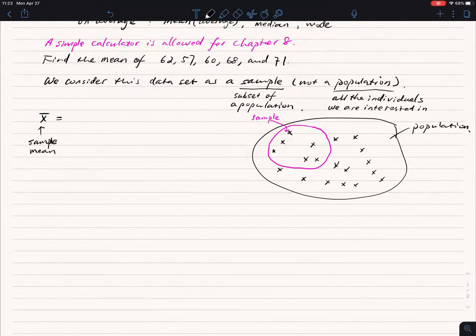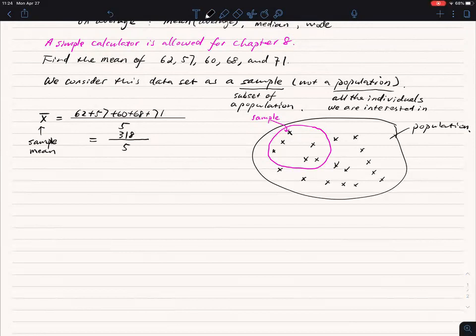So this is the sample mean. How do we compute the average? We just add all the values together and divide by the total number of values. How many do I have here? 5, right? So if I add all of the values, the numerator is 318. 318 divided by 5.